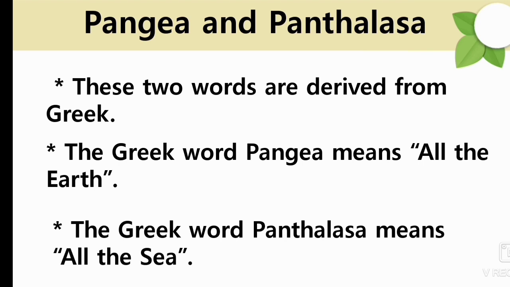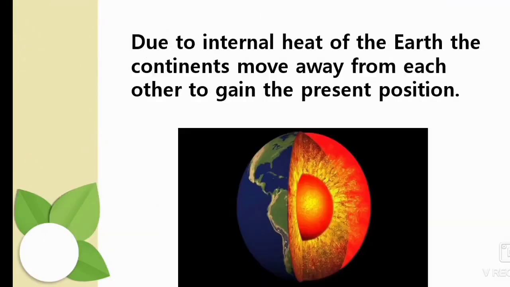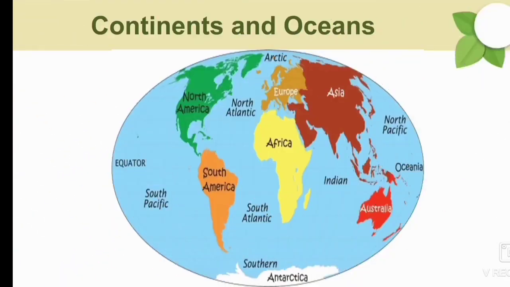Students, do you have any idea about how the continents are separated by oceans? This is due to the internal heat of the earth, the continents move away from each other to gain the present position. Students, next we are going to know about continents and oceans in detail.